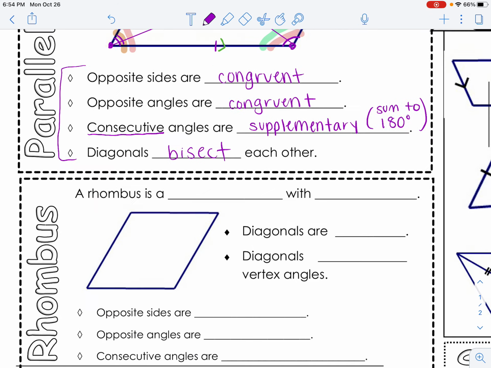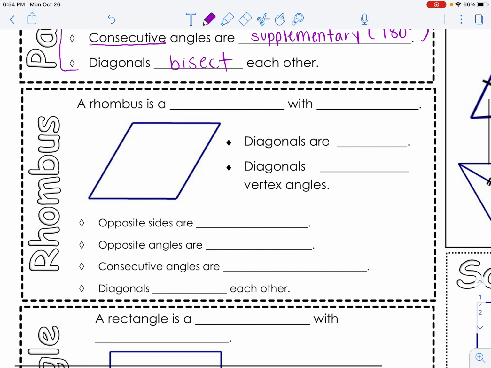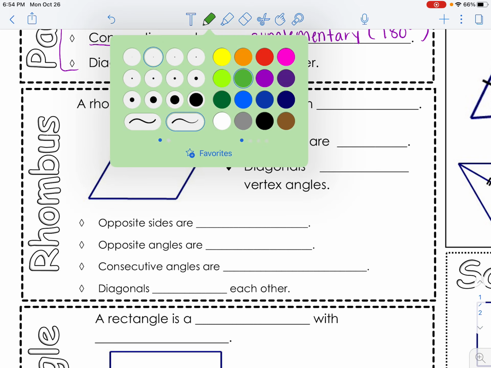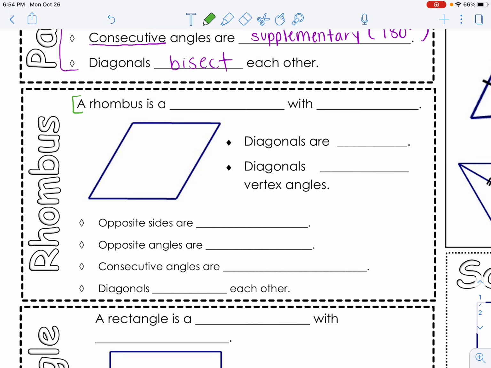The next one that we're going to learn about is a rhombus. And so a rhombus is in the same family as a parallelogram. It's just a more specific parallelogram. So by definition, right here's our definition. A rhombus is a parallelogram.